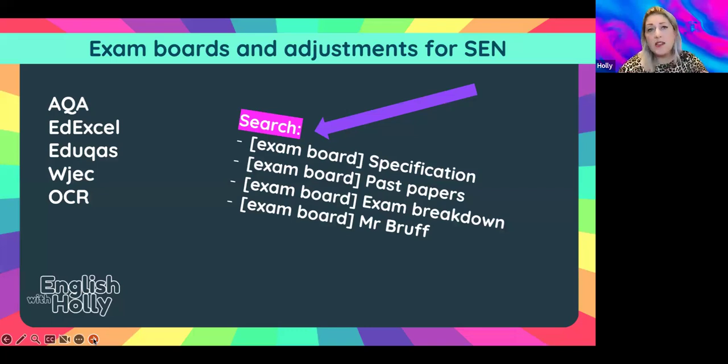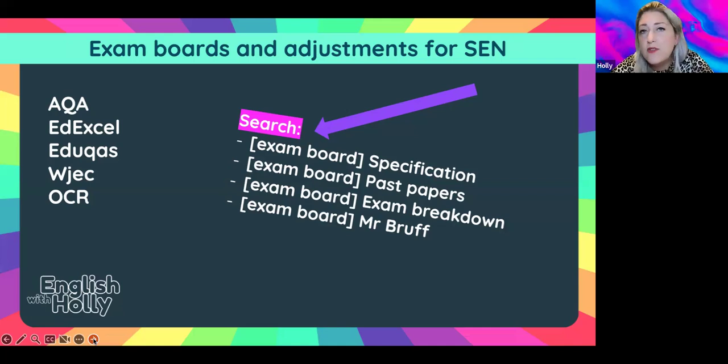Some exam boards are really similar. For example, when I do courses on paper 1 and paper 2 for language, I can teach AQA and Edexcel at the same time because they're similar enough. But Eduqas not so much in some areas, particularly literature. The paper 1 and paper 2 have different things at different times.